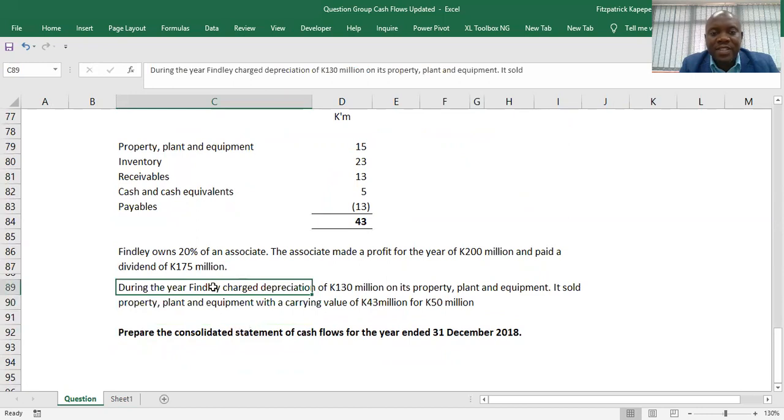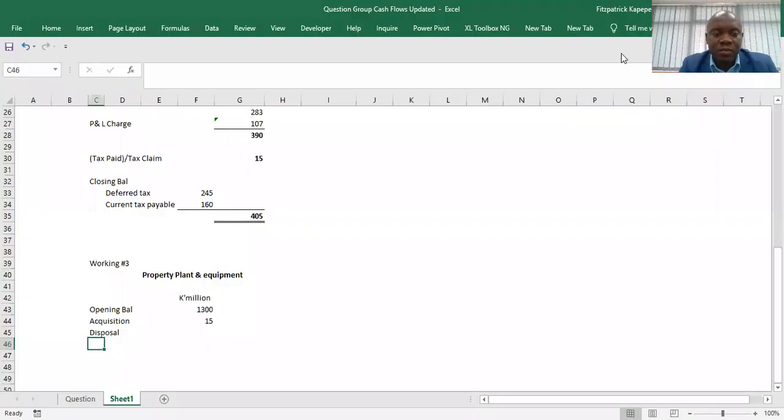During the year, Finlay charged depreciation of 30 million kwacha on its property, plant, and equipment. It sold property, plant, and equipment with a carrying amount value of 43 million for 15 million kwacha. So, what is the carrying value? Was 43. So, minus 43.